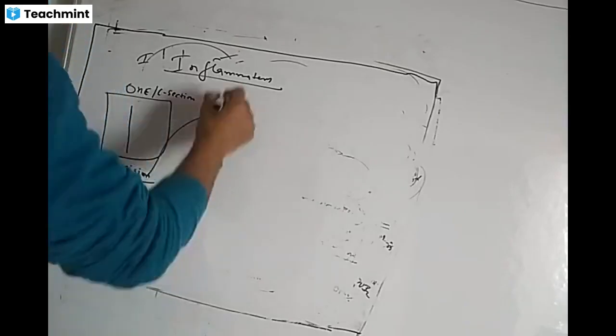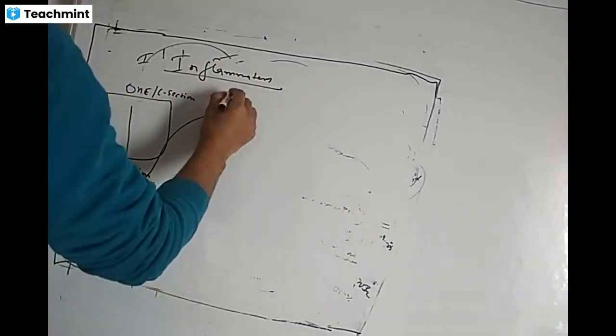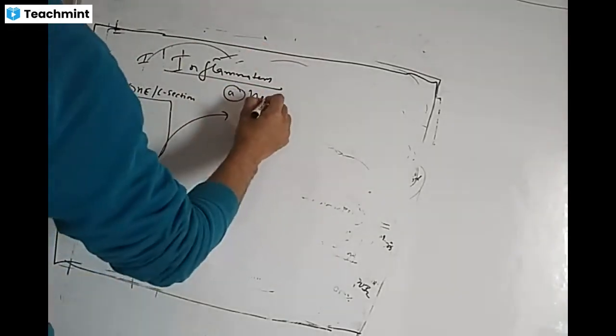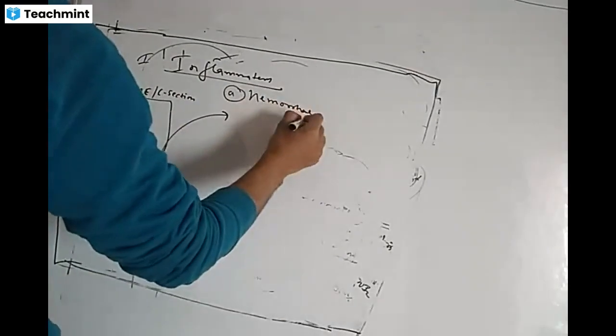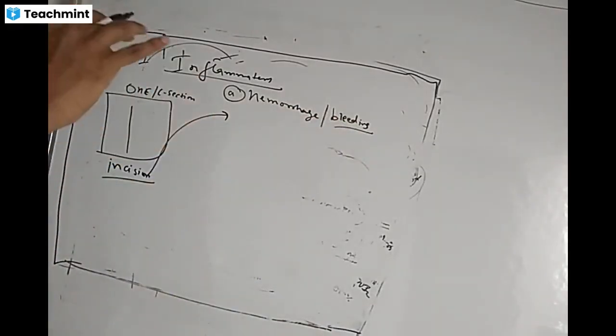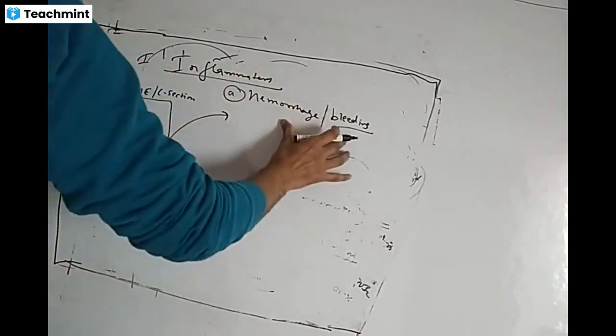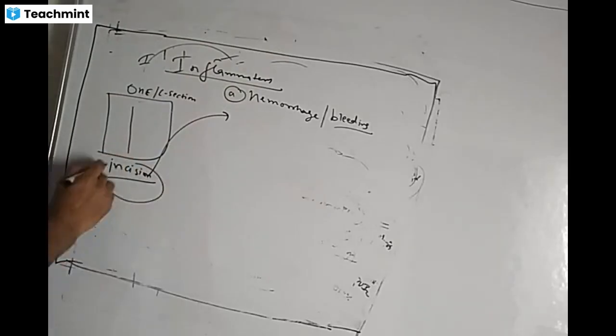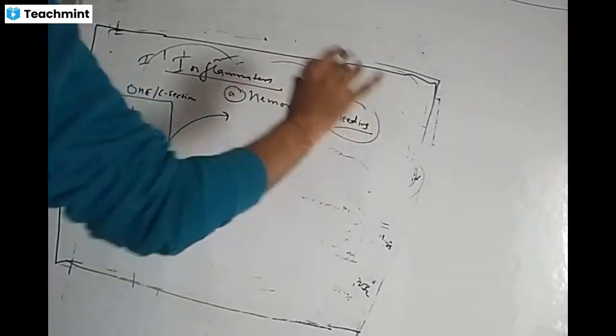After putting the incision, what happens? The subphase of inflammation occurs, that is hemorrhage, meaning bleeding. Once you put the incision, or naturally if there is any kind of injury, blood comes out from the blood vessels.